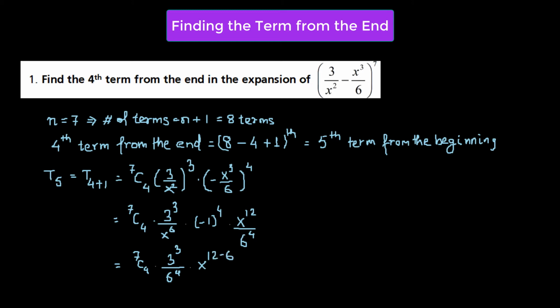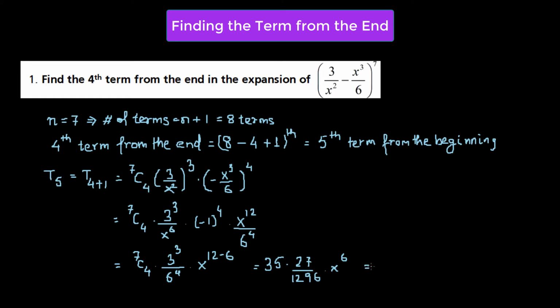So we use a calculator to find the value. 7C4 is 35, times 3 raised to the power 3 is 27, divided by 6 raised to the power of 4, which is 1296, times x raised to the power of 6.